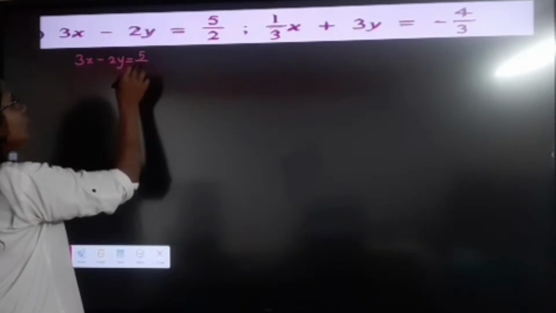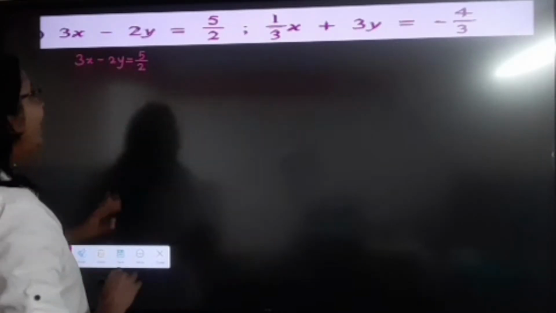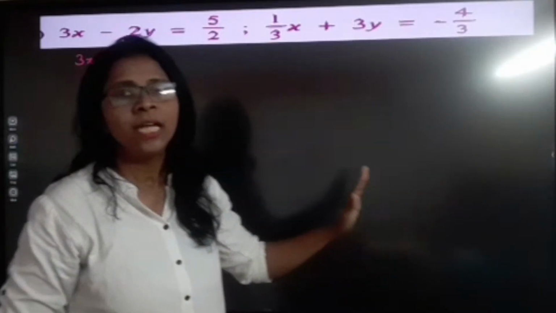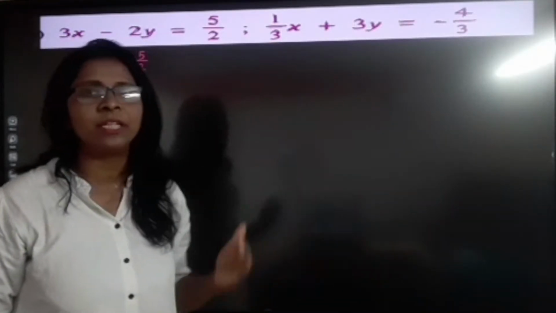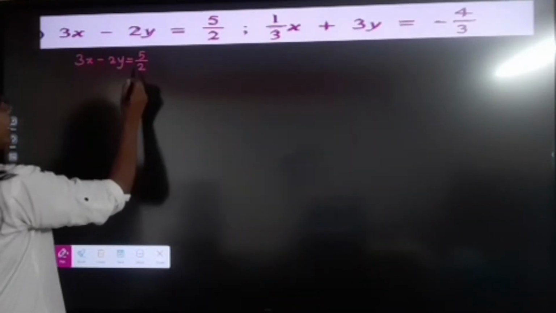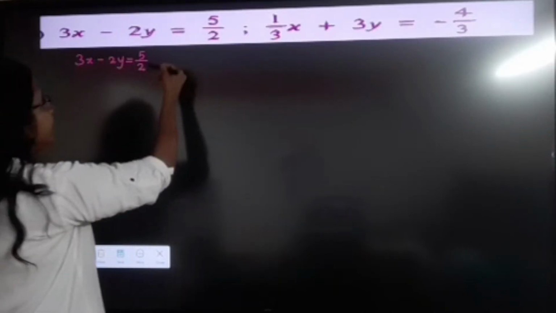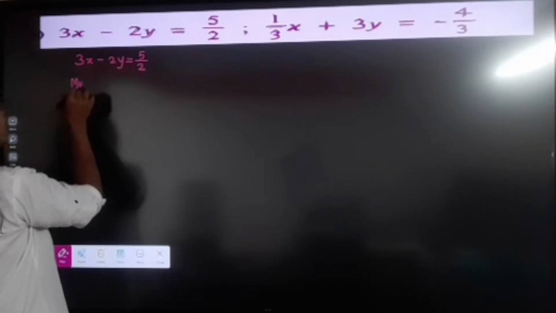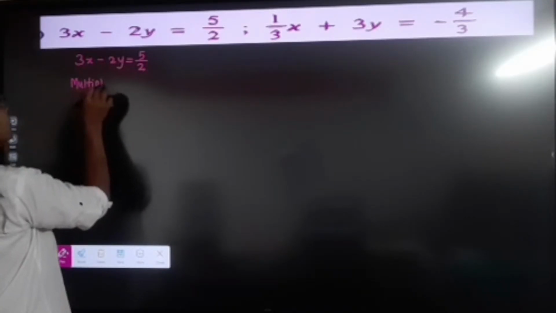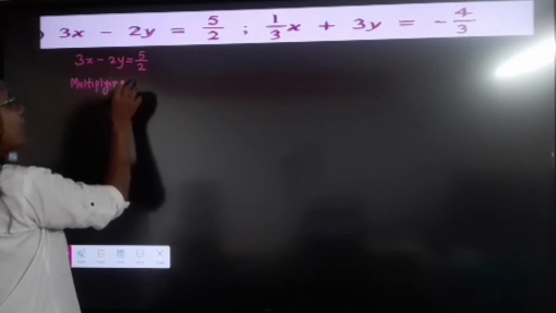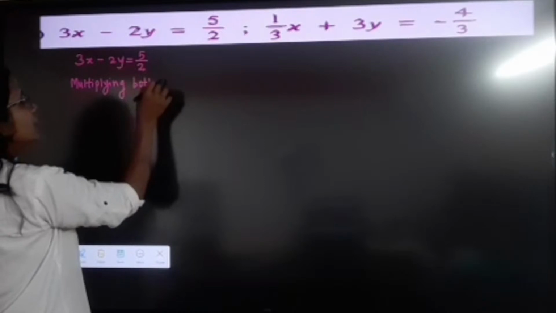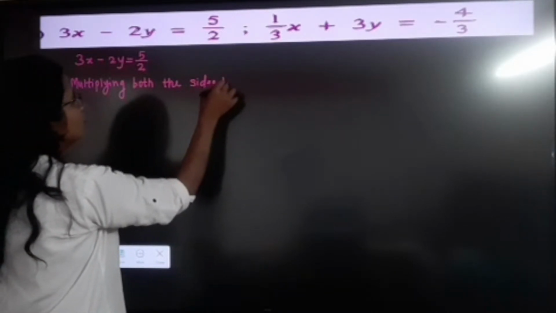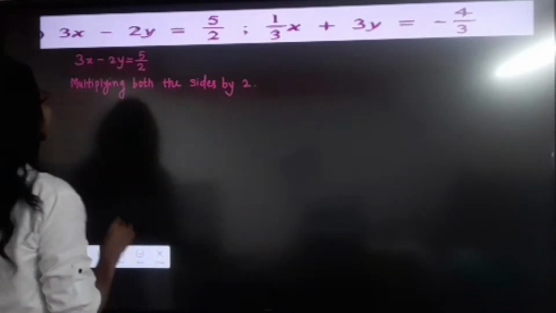So now here I first write down the first equation, 3x minus 2y is equal to 5 upon 2. Then I simplify it first and call it the first equation. At the denominator place there is a 2. So I write the instruction: multiplying both the sides by 2.